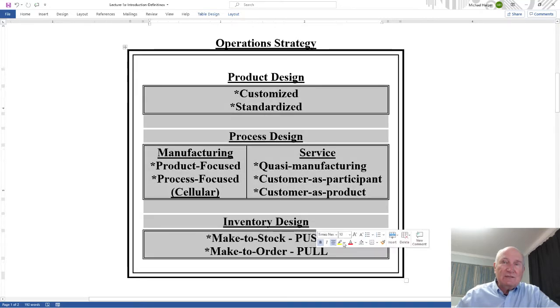And that's why, decades ago, operation strategy became much more important to create a strategy within an organization and even within an industry. And so this is an introduction to what we will be looking at in this course.